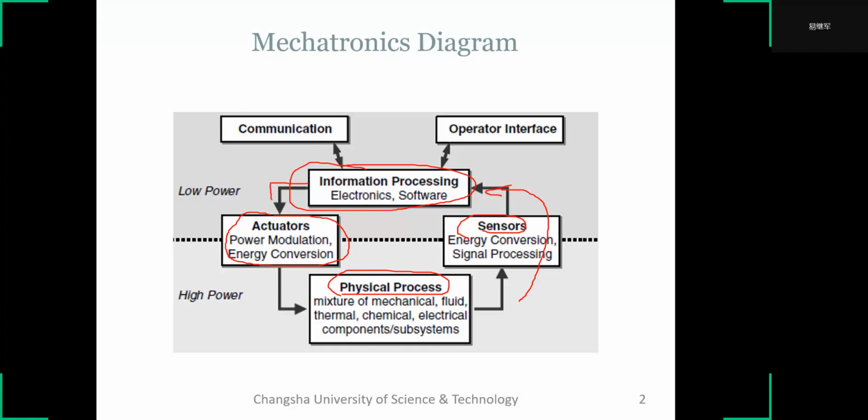This controller communicates with the human being and gives an operator interface for communication with the human being.